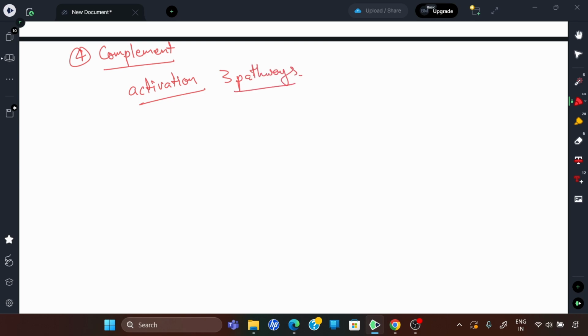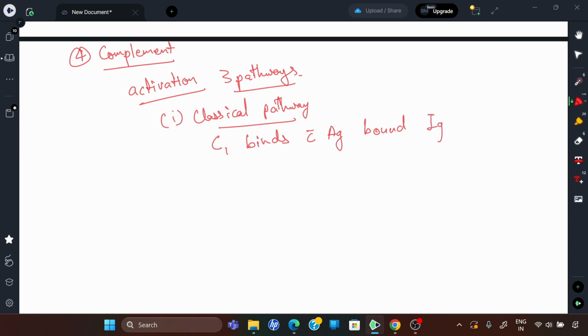They are quite simple. The first one is the classical pathway. What happens in the classical pathway is that complement C1 binds with the antigen bound IgG or IgM. Basically we know that the initial response to any pathogen is mediated by these two immunoglobulins, IgG and IgM.